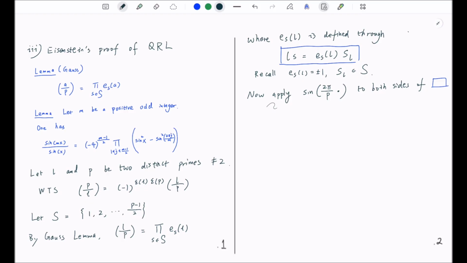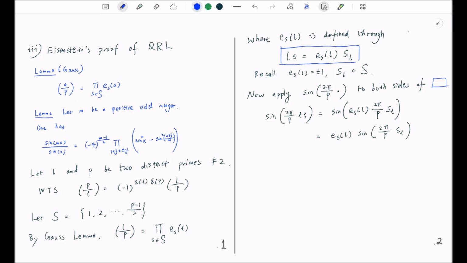What we get is that the left-hand side becomes sine of 2π/p times l, and the right-hand side is sine of ε_s l times 2π/p times s. And remember, this ε_s l is plus or minus 1, and the sine function is an odd function, so we can pull it out.